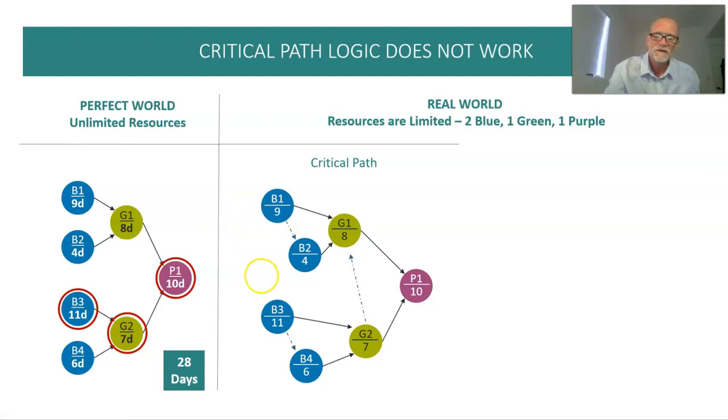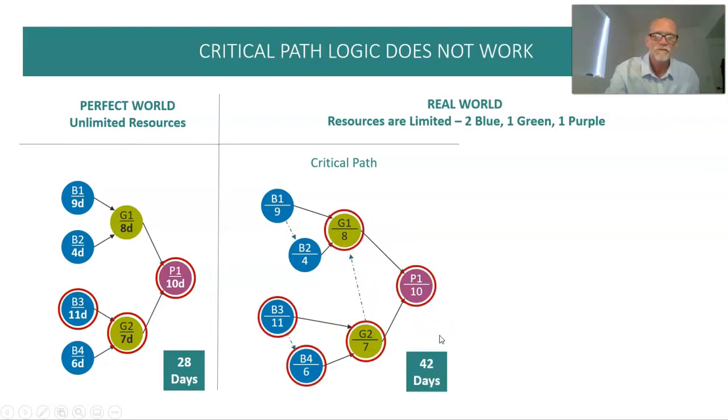So the first blue resource will work B3, then B4, and B1 and B2 for the other blue resource. Only 1 green resource, so I'll get to G2 first. I could reverse these if I wanted to, but G2 then G1, and then purple, right? And it's going to take me 42 days, roughly.